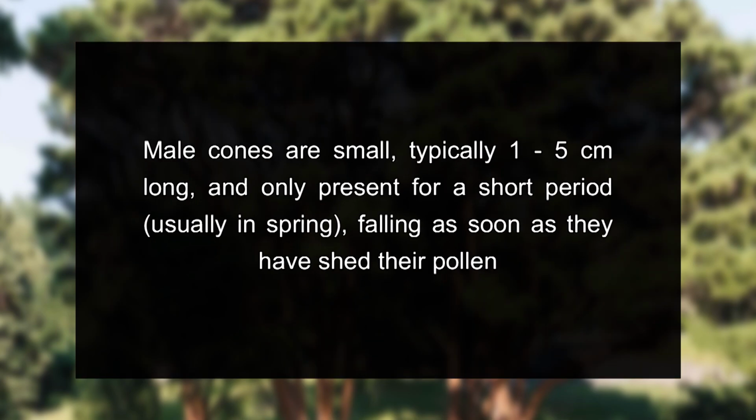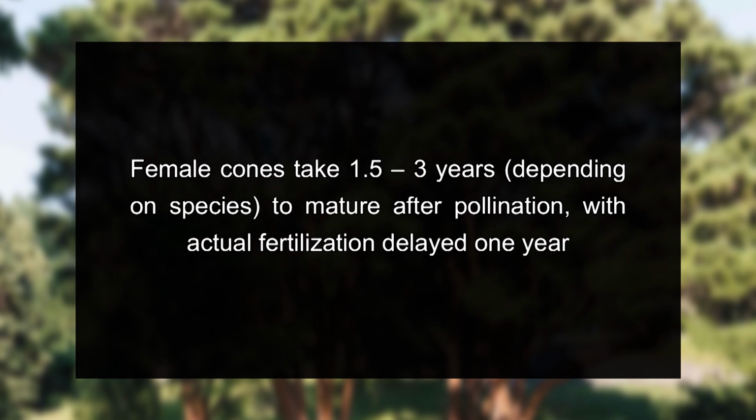The male cones are small, typically 1 to 5 cm long, and only present for a short period, usually in spring, falling as soon as they have shed their pollen. The female cones take 1.5 to 3 years, depending on species, to mature after pollination, with actual fertilization delayed 1 year.